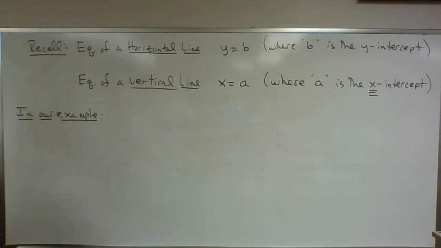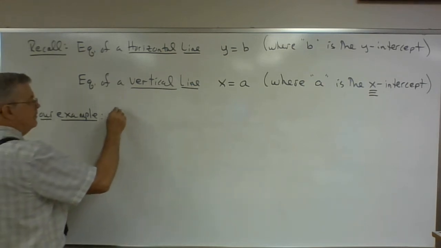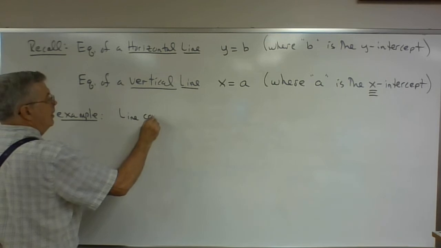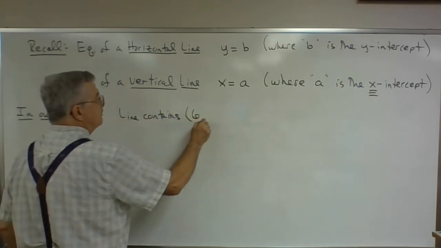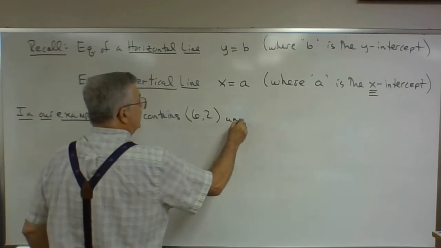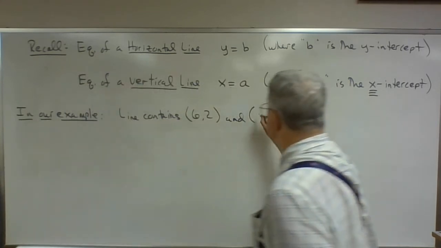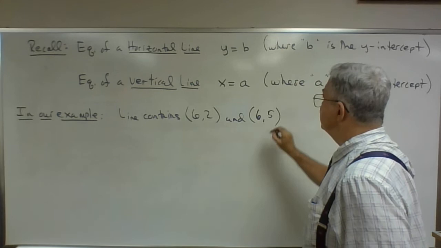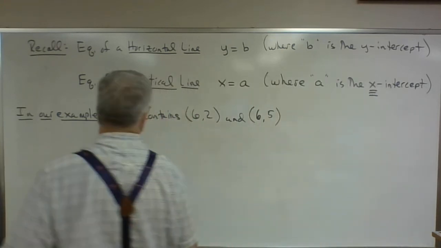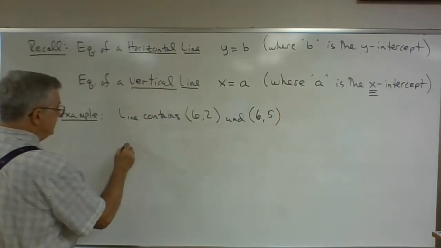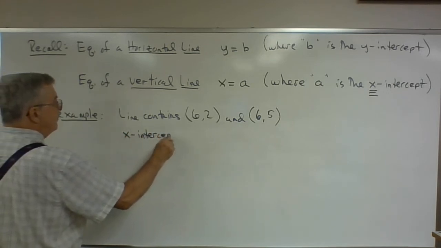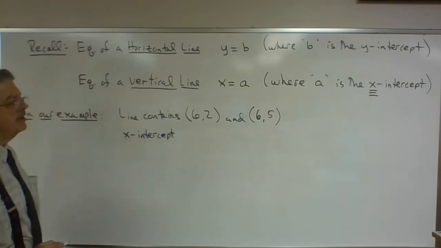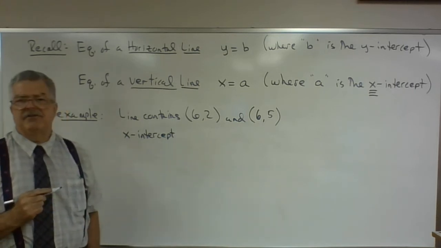In our example, the line contains the points 6, 2 and 6, 5. X-intercept. Did you get what the x-intercept was?